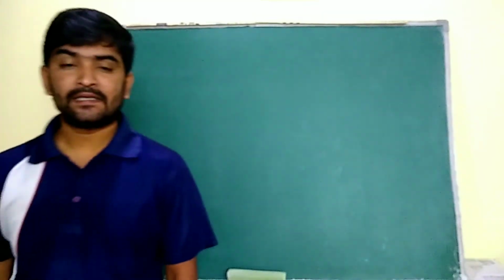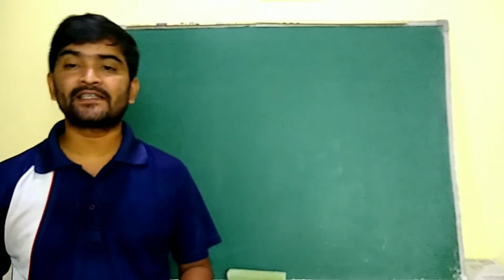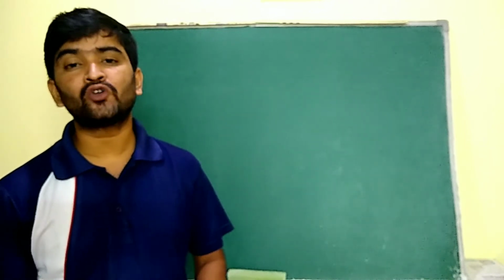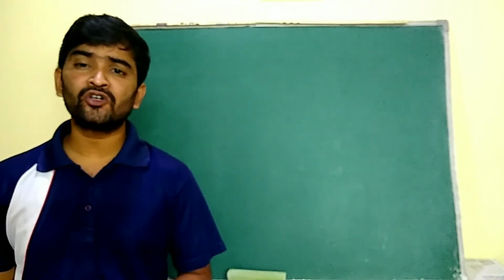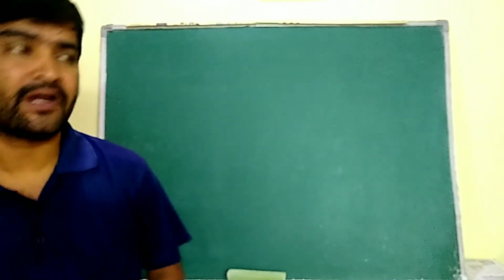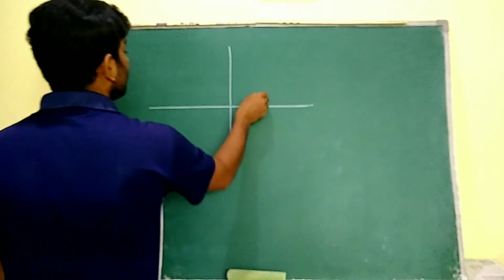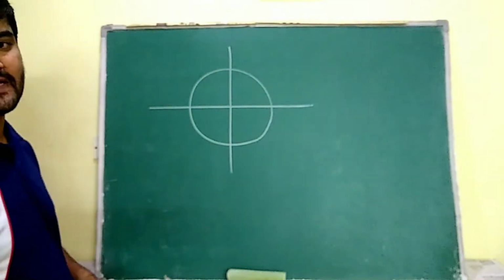Understand ma? See ma, up to now we discussed how to check whether the given relation is a function or not. Now I am going to explain how to check whether a given geometrical figure is a function or not. Let us suppose this is the coordinate plane and this is the geometrical figure, a circle.